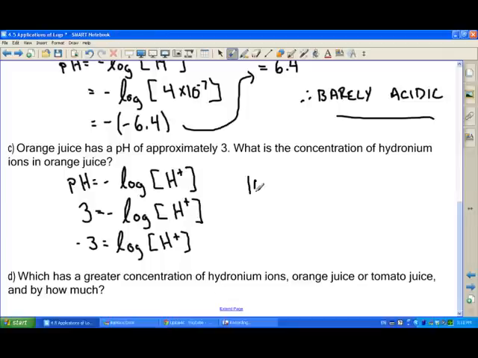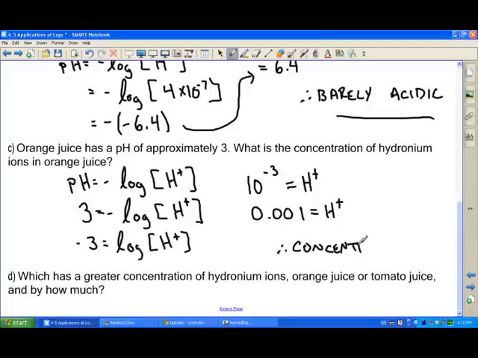So this is going to be 10 to the power of negative 3 equals the hydronium ions. Ten to the power of negative 3 is 0.001. So orange juice has a concentration of 0.001 moles per liter.